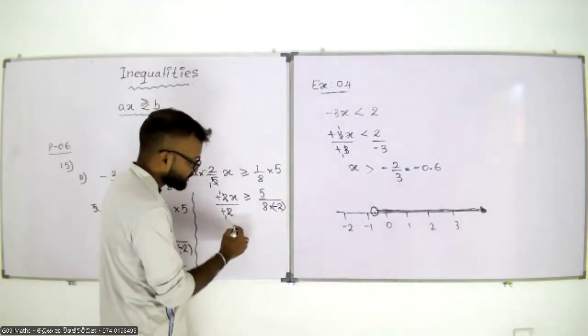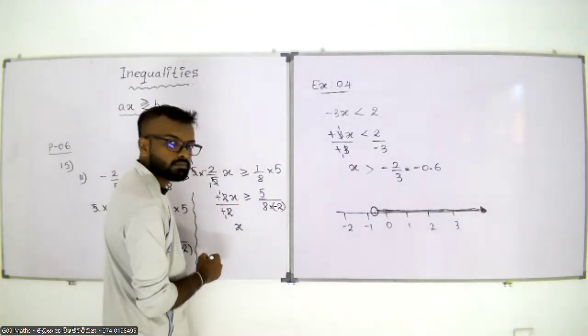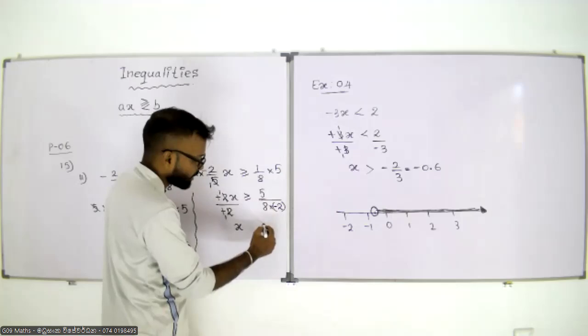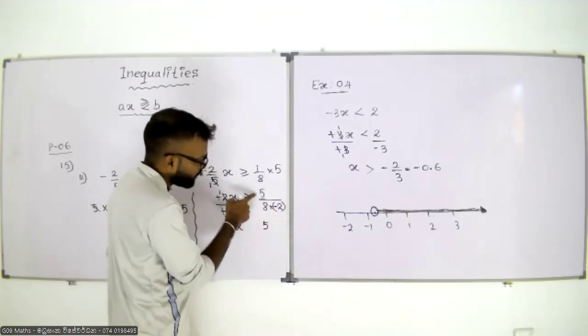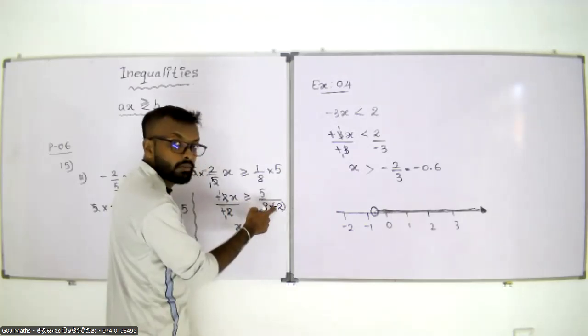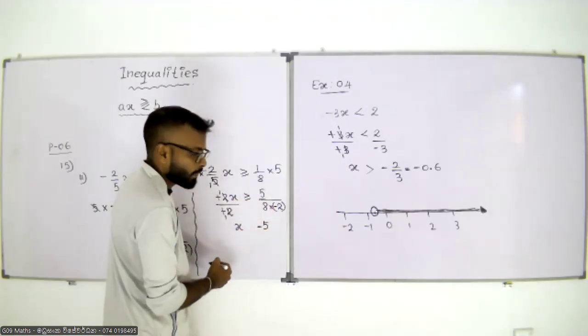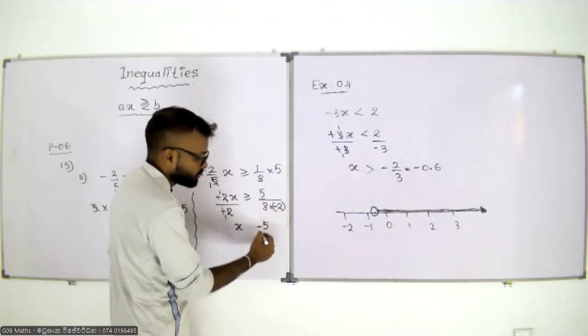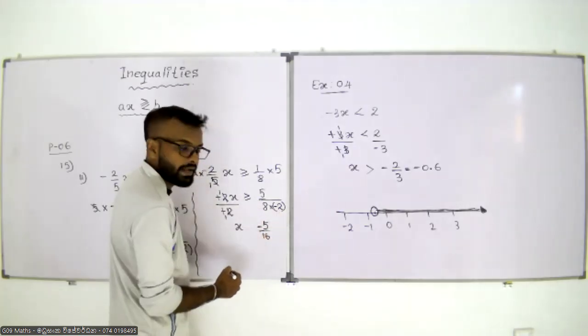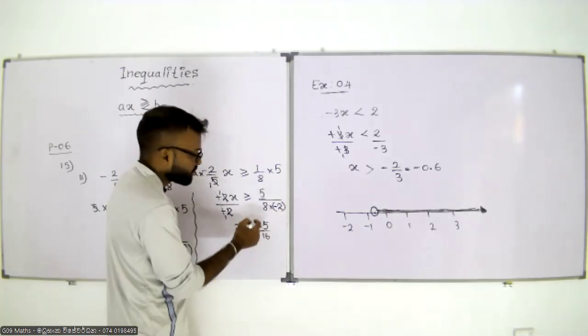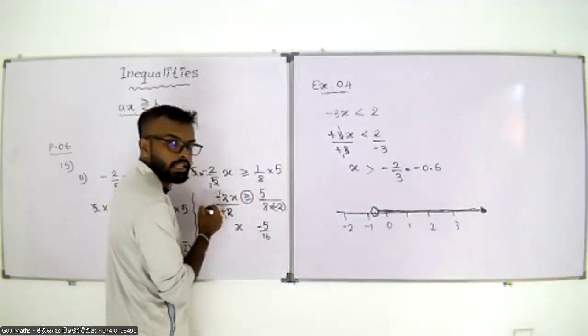Now in my left hand side I have x only. Right hand side numerator is 5, but positive 5 divided by a negative number is negative. 8 times 2, 16. What happens to this inequality?